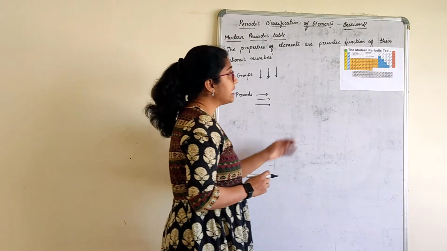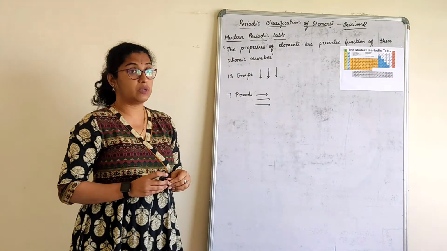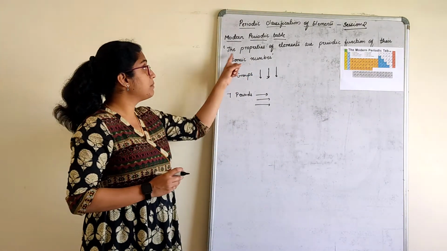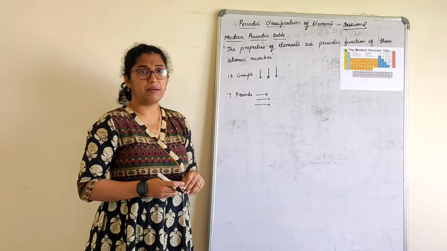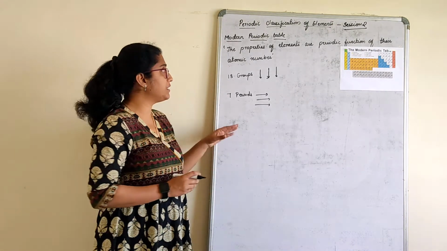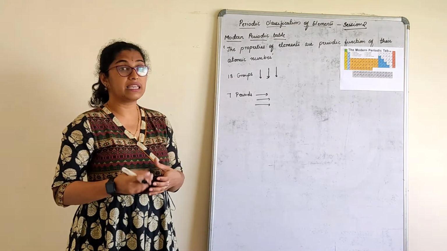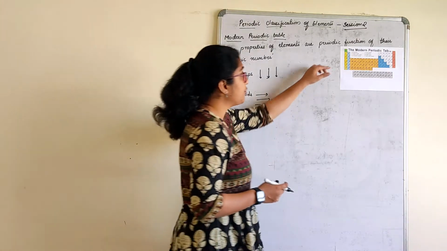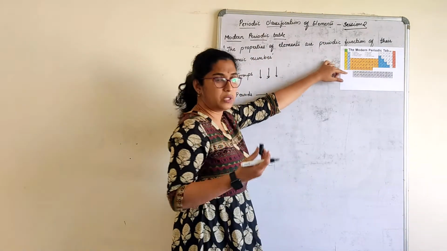Apart from that, elements are placed in this periodic table with respect to their atomic number. The properties of elements are a periodic function of their atomic number. This is the basic definition of the modern periodic table. Now let's understand what elements are kept where. You can see some color combinations I have given just to make you understand.